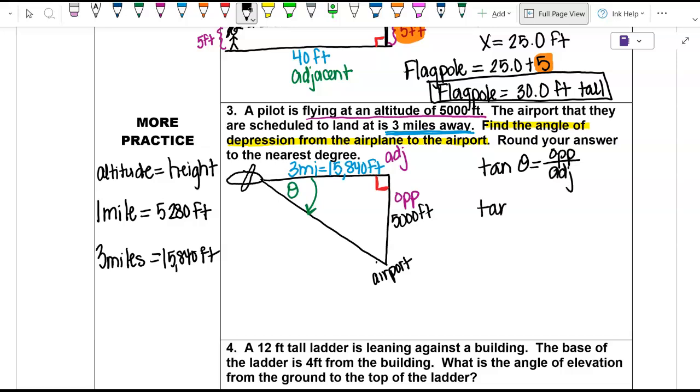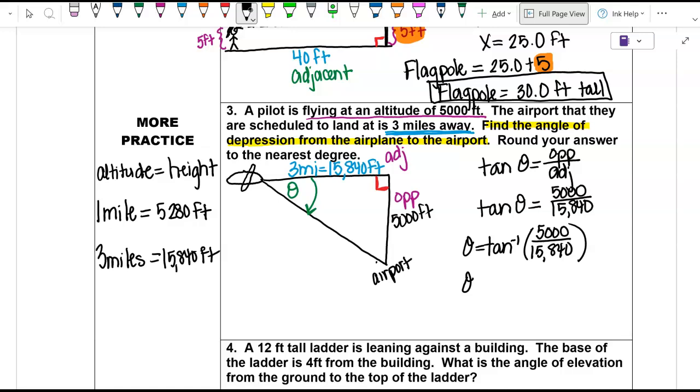So in this case, the tangent of theta is 5,000 divided by my 15,840. But I'm looking for the angle, which again means I have to use that inverse function. So theta equals the inverse tangent of 5,000 divided by 15,840.